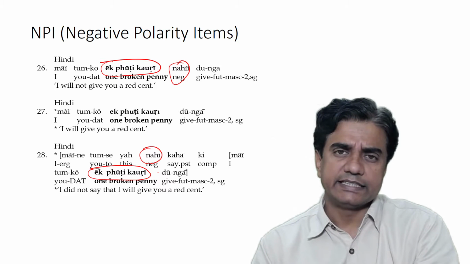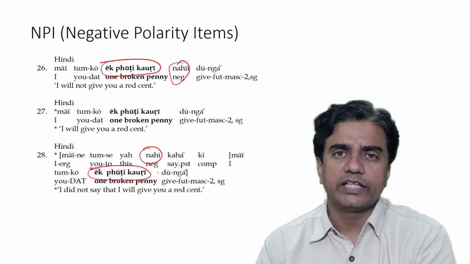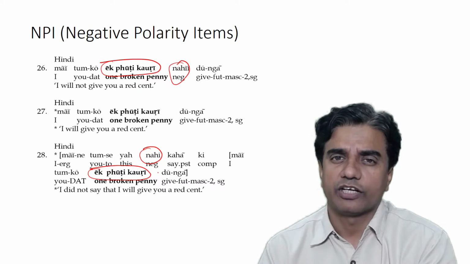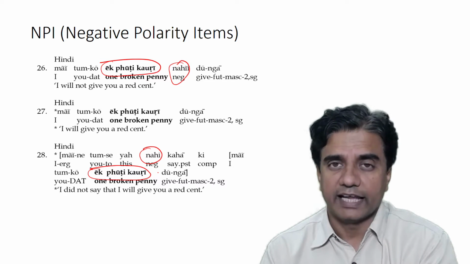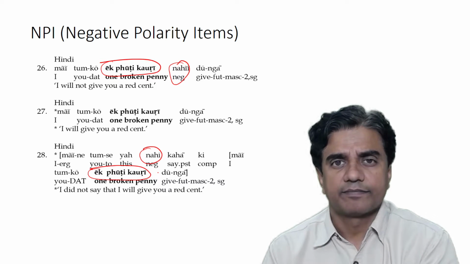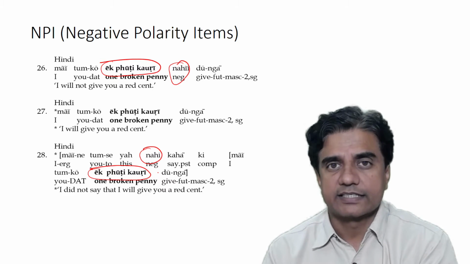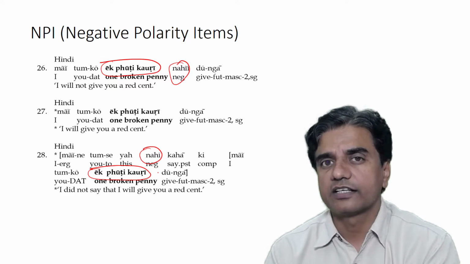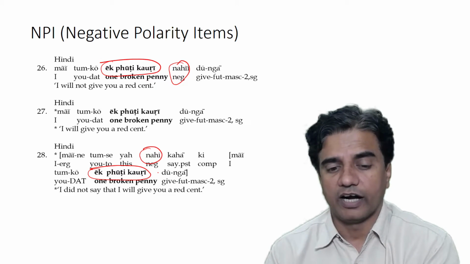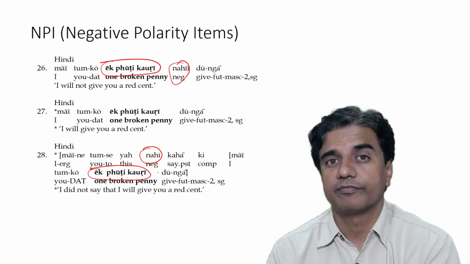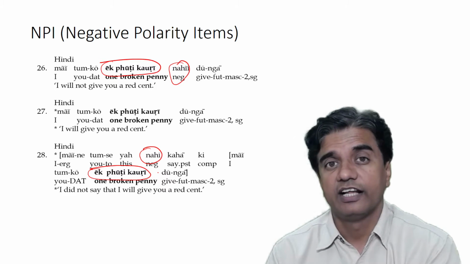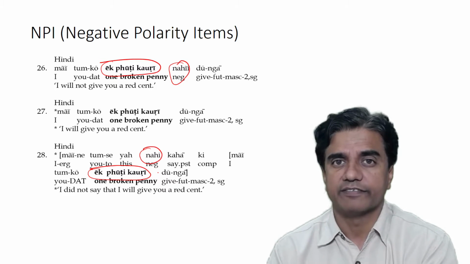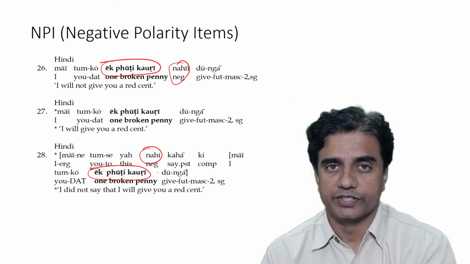Now, there is yet another debate on this, whether or not this is licensed at logical form, that is, at the level of LF. This discussion brings us different dimensions to our understanding, and it takes us to yet another deeper level of our understanding of how negative elements in general and negative polarity items in particular work in natural language vis-a-vis the human mind.